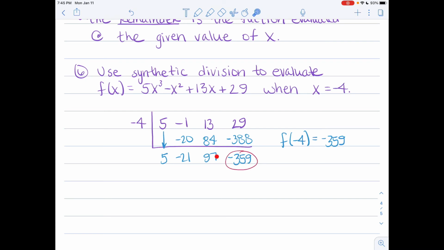So we're not caring about any of this quotient here for this. We are specifically focusing on the remainder, and the remainder is our answer. And this is the form that you should always report it in: f of -4, or whatever your evaluation number happens to be, and then your answer.